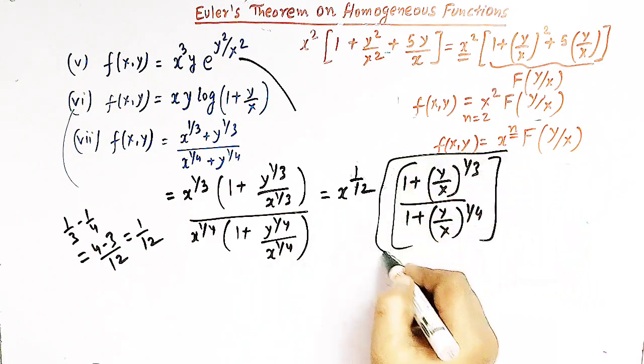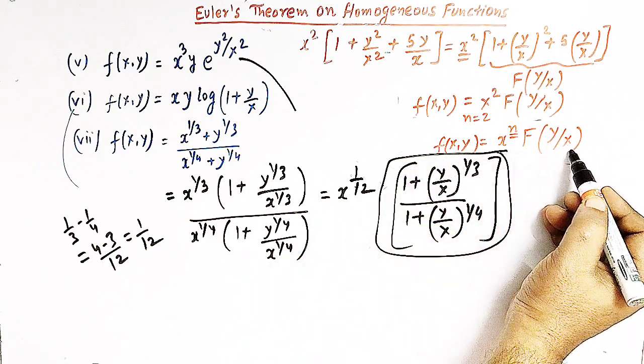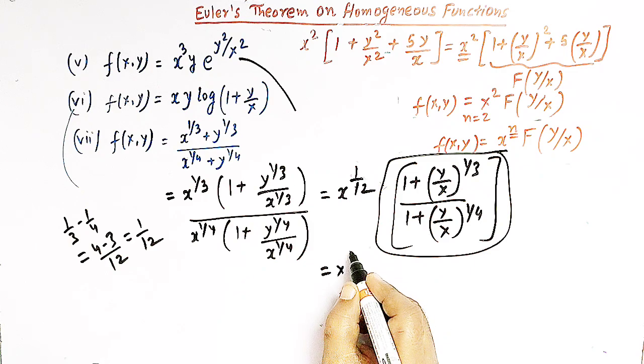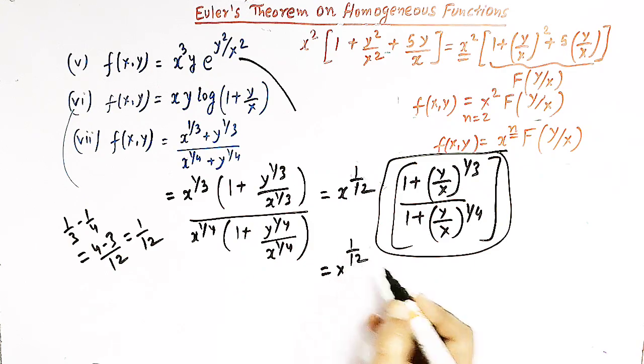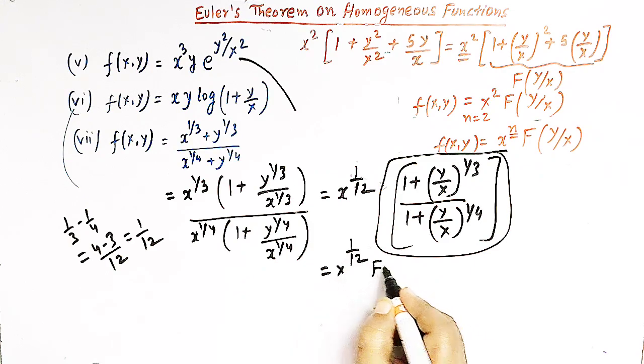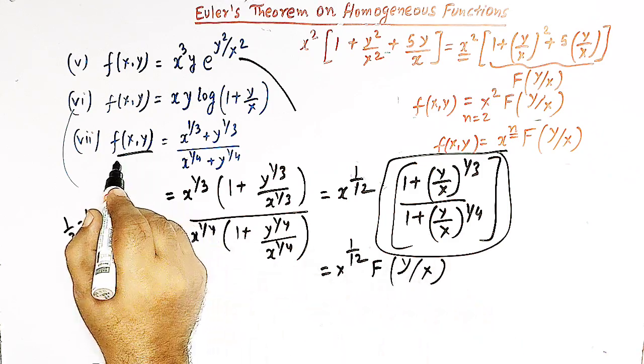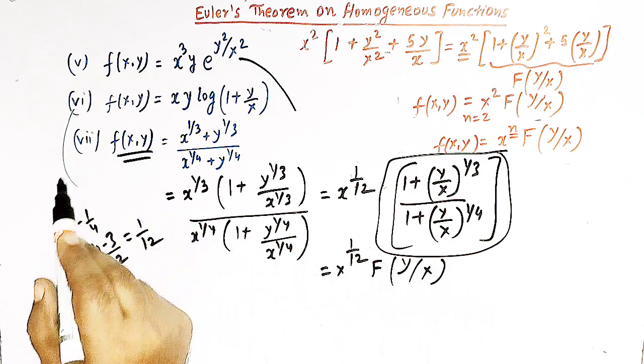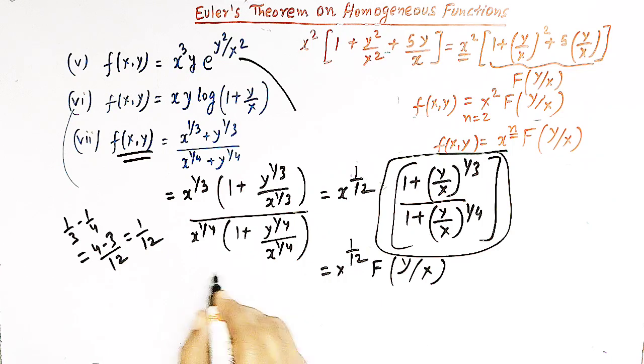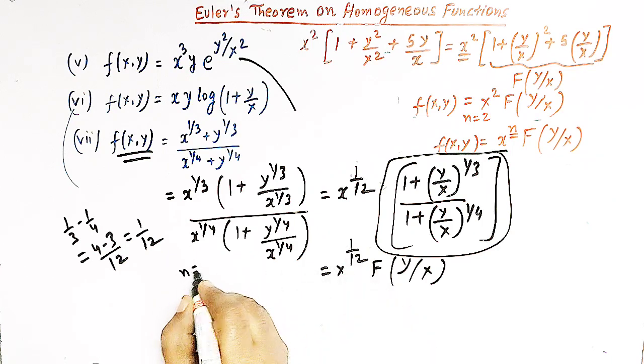Now this is a function of y over x, so we can write x raised to 1 over 12, and here we have f of y over x. So this is again a homogeneous function of degree 1 over 12. So we have n is equal to 1 over 12.